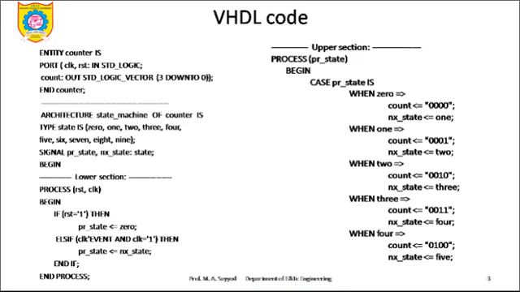No other values can be assigned to PR underscore state and NX underscore state because they are of the type state. Now let us see the VHDL code.